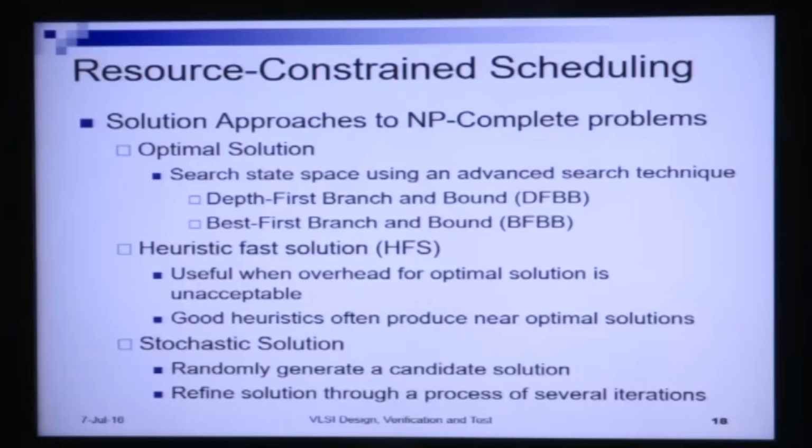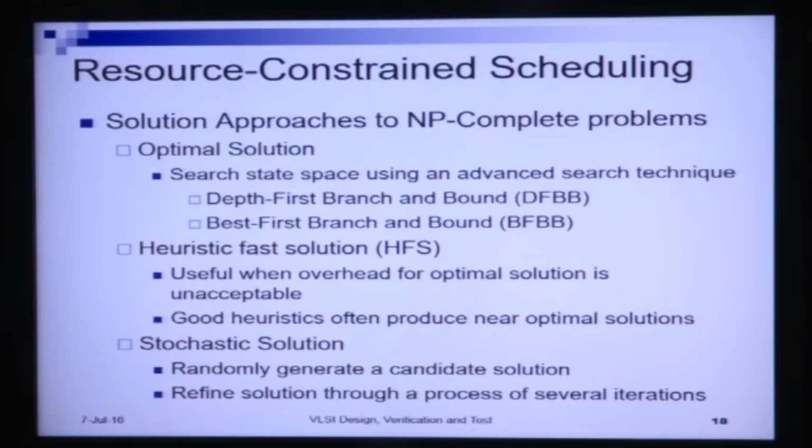Now, optimal solutions for the huge circuits that we often have in the VLSI domain are not always possible. It is not always possible to apply optimal algorithms, because it may take years to give a solution, literally. So, we also have heuristic fast solutions, where the entire state space is obviously not searched, and hence the solutions are in most cases suboptimal.